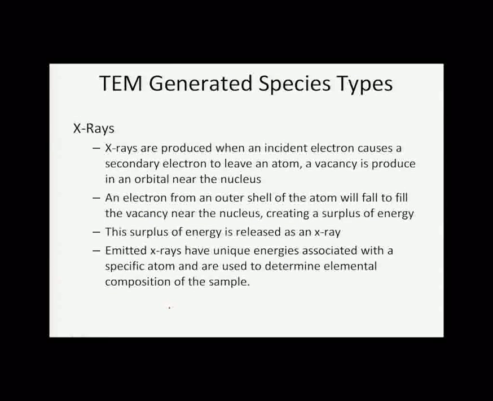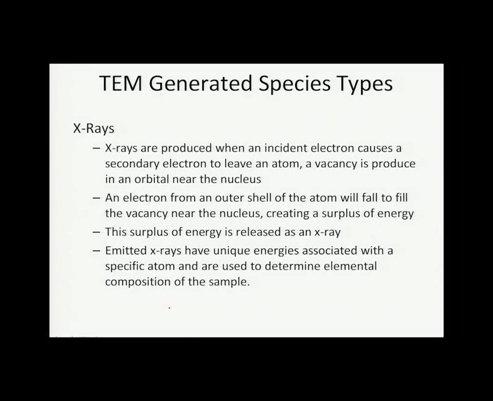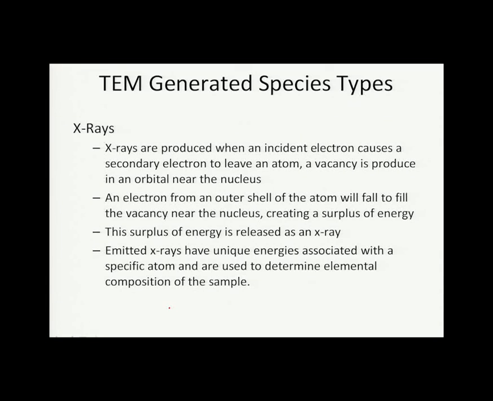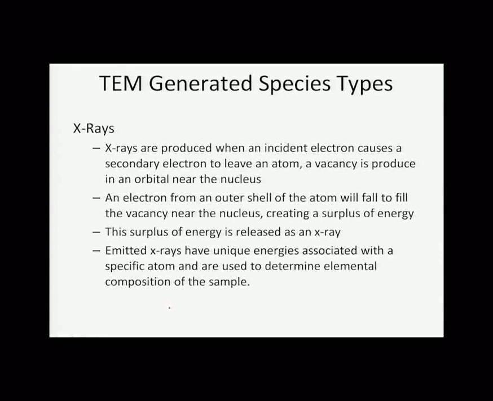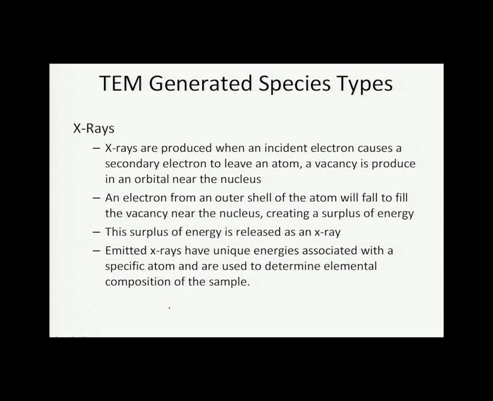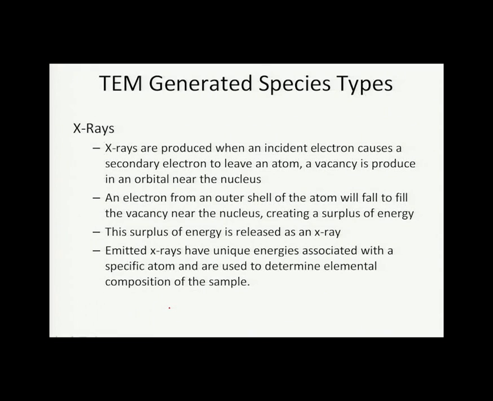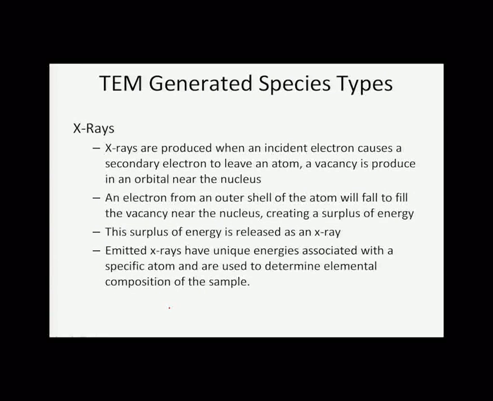An electron then from an outer shell will fall to fill the vacancy near the nucleus, creating a surplus of energy. This sounds a lot like the production of Auger electrons. But now this surplus of energy is released as an X-ray. So emitted X-rays have unique energies associated with each specific atom, and therefore can be used to determine elemental composition of the sample. So I'll draw a real simple diagram to help you think about this.